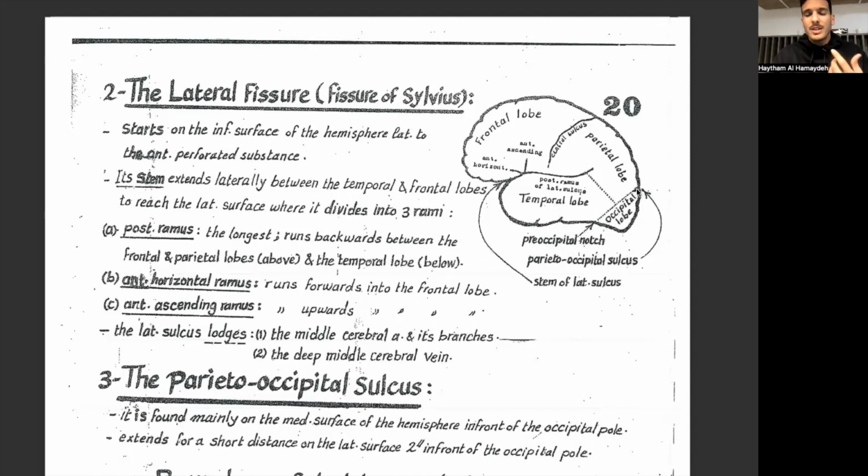This parieto-occipital sulcus is not very clear, but they call it that, and they give you two positions to know exactly what it is. So it extends from the pre-occipital notch to the parieto-occipital sulcus. So that's where the parieto-occipital separation lies. Okay.